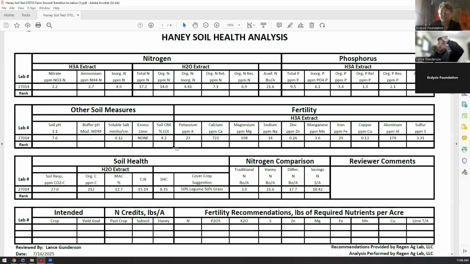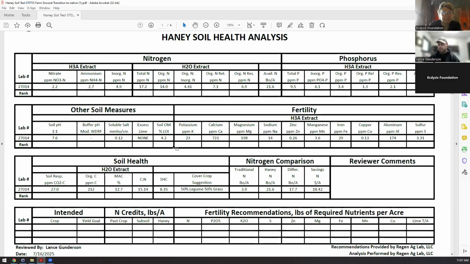Okay. So if we go down to that third block where it says soil health, and we go over to that fifth number from the left, it says SHC. And I do apologize about the abbreviations. It's really tough to fit all this stuff onto a page and make it readable. So SHC is soil health calculation.